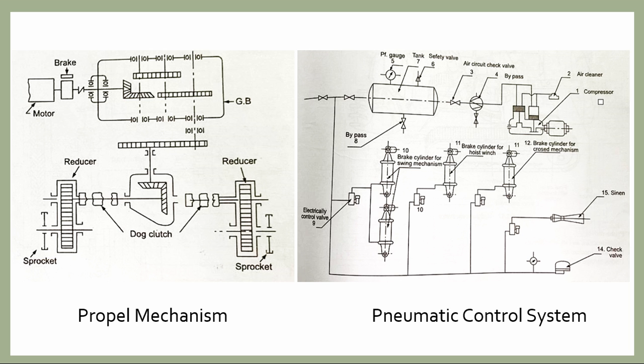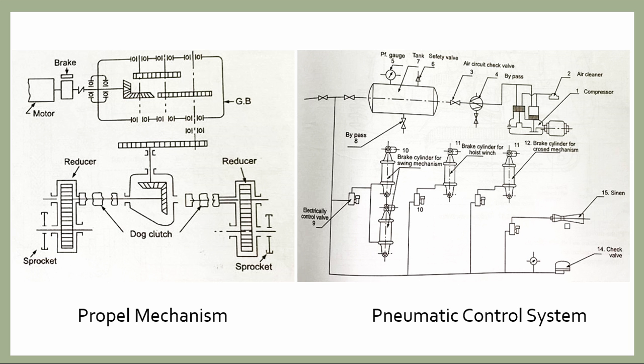Here this one is the compressor, here is the air cleaner, this one is the air circuit check valve, this one is the bypass line, this one is the pressure gauge, this one is the tank, where the safety valves are fitted, this one is the bypass line, this one is the electrically controlled valve, this one is the brake cylinder for the swinging mechanism, here is the brake cylinder for the hoist mechanism, and here is the brake cylinder for the crowd mechanism, and this one is the check valve, and this one is the siren.